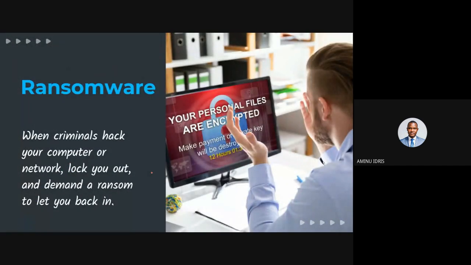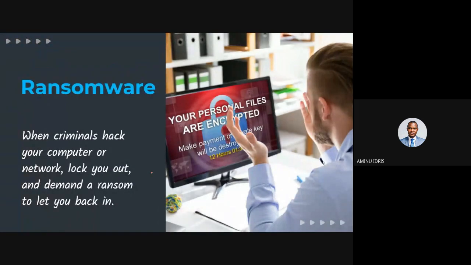The next is ransomware. Ransomware is very, very rampant. And what does ransomware do in a system or device? It is much like kidnapping the whole device, but digitally.